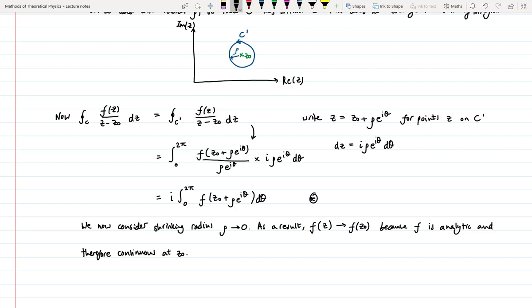That means the line above gives us I times the function evaluated at z0, and then we're left with an integral d theta, and that's a trivial integral which we can perform to leave us with 2 pi I times the function value evaluated at z0.